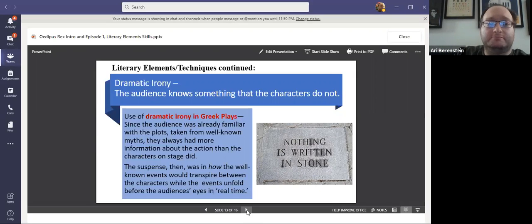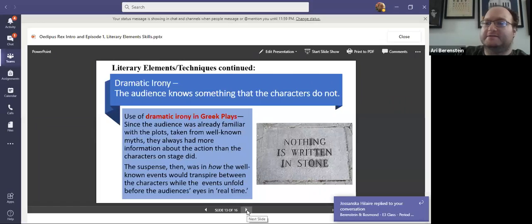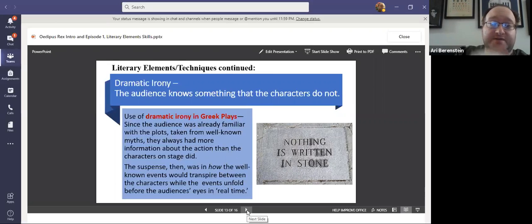Now, some people don't want to know the end of the book before it happens. Some people do. But think about what effect it has when we know something and somebody else doesn't. Do you feel a little bit more anticipation perhaps to see what happens with that character once they finally discover what the deal is?